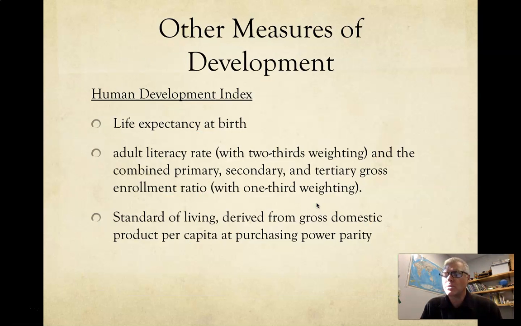One thing about gross domestic product, however, is that it doesn't take into account everything that's important in terms of how well people are doing. So some people decided to come up with a measure that is a little more holistic and takes into account other aspects of living somewhere. One of these ways of doing this is called the Human Development Index. This does include gross domestic product as one of the measures, right?